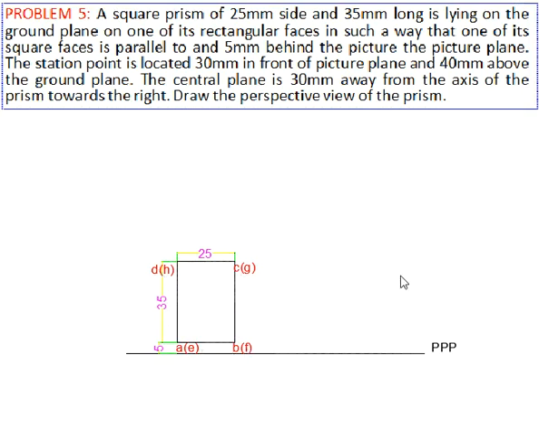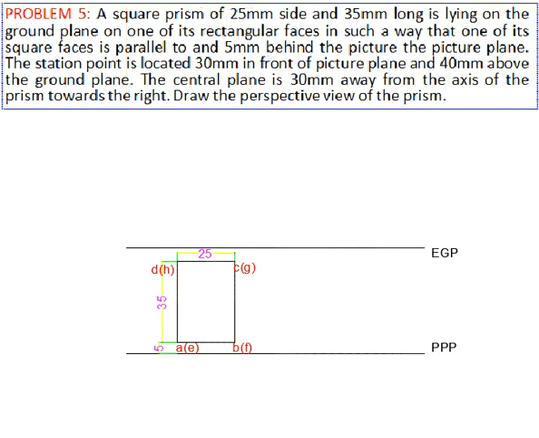Now you can draw the EGP line parallel to the PPP line. You can assume some distance, say 10 mm from this line, and draw the EGP line. Now you can draw the front view above the EGP line.